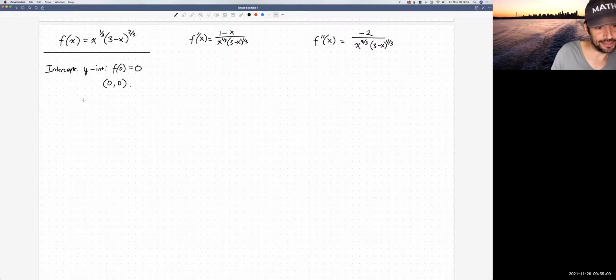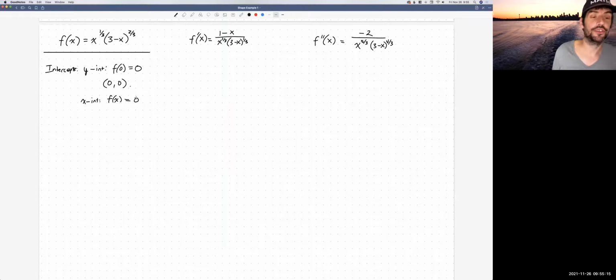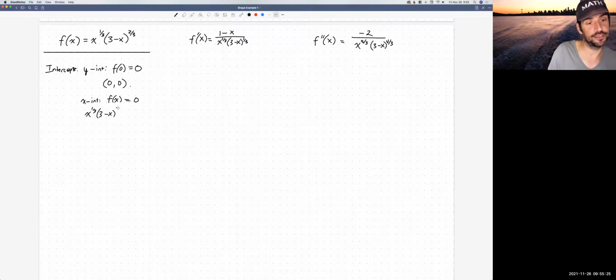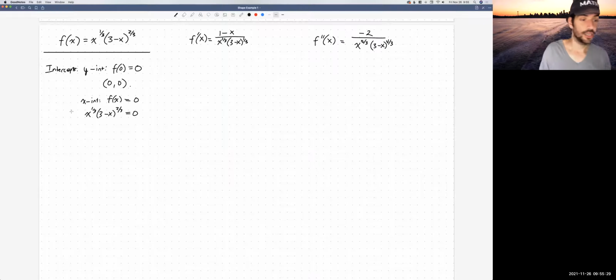What about the x intercepts? These are the places where f of x equals 0, right? We already found one of them at 0, 0. Is there any other place where x to the 1/3, 3 minus x to the 2/3 is equal to 0? Well, there's two factors.